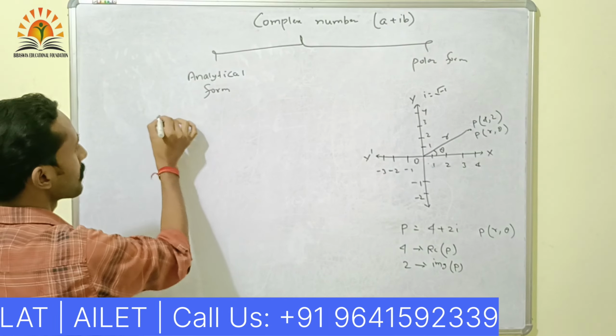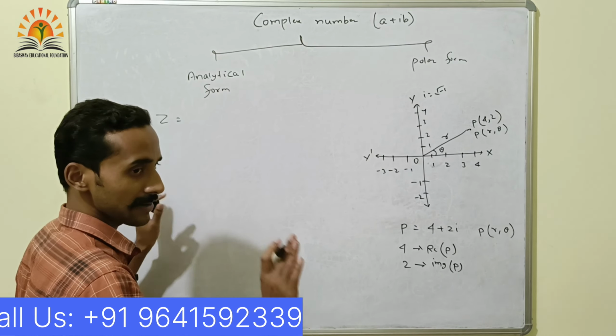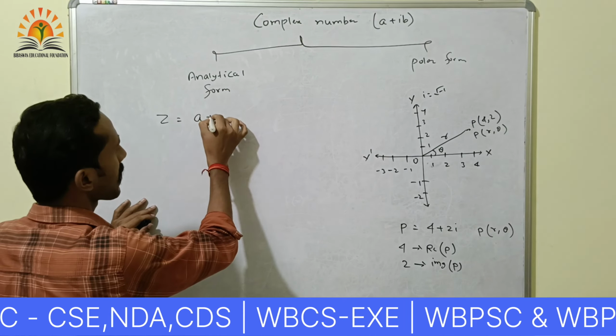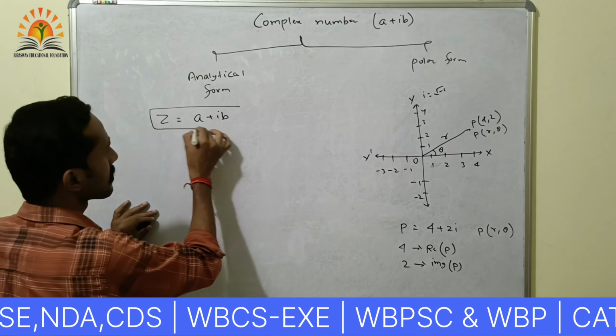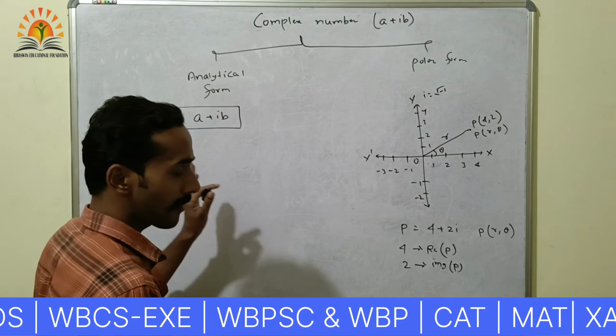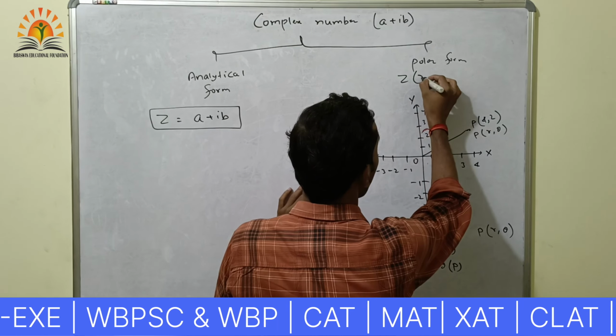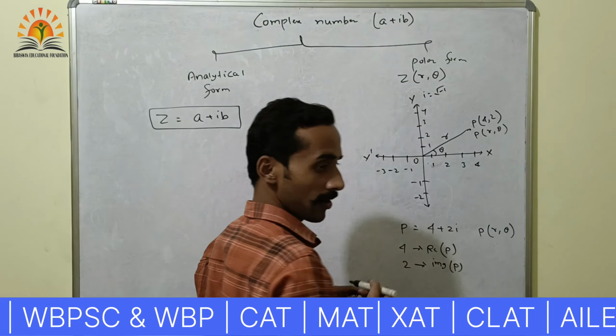So a complex number z can be expressed in two forms: a plus iota b, that means the analytical form, and if we express z as (r, theta), that means polar form.